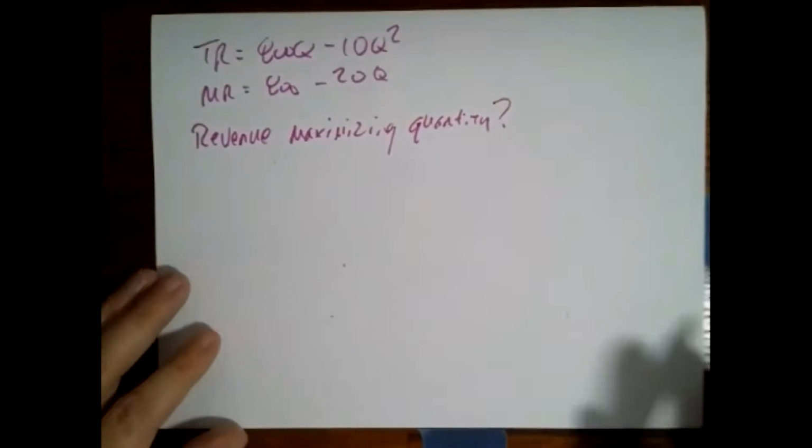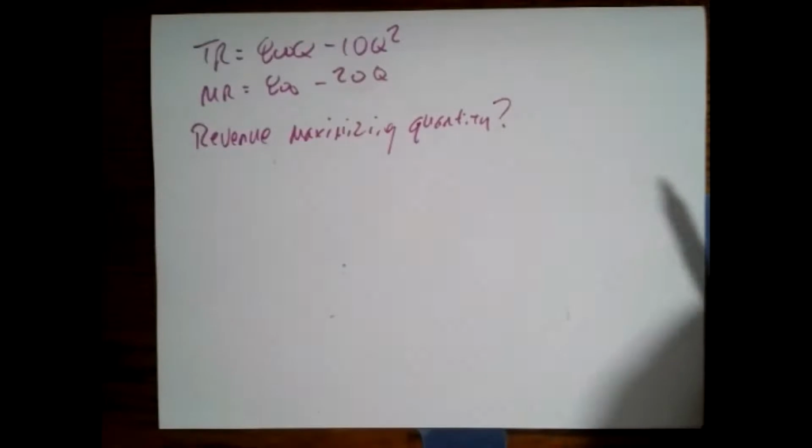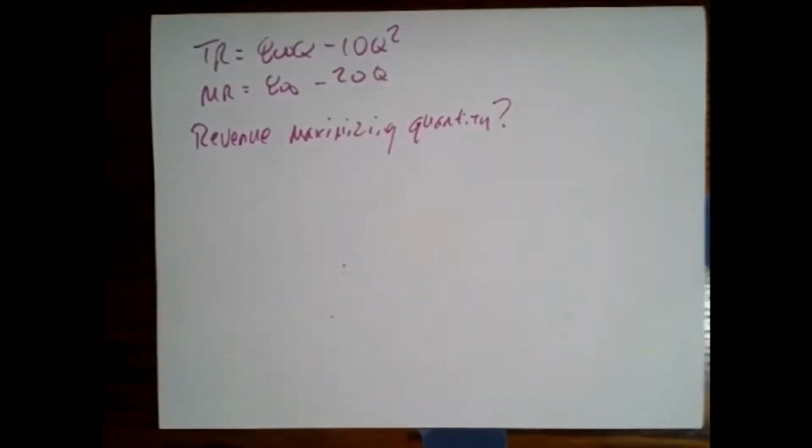What quantity will give us the maximum revenue for this total revenue function? So what number are you going to plug in for Q to get the highest possible total revenue?